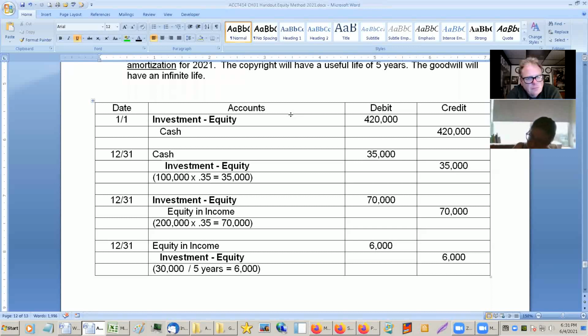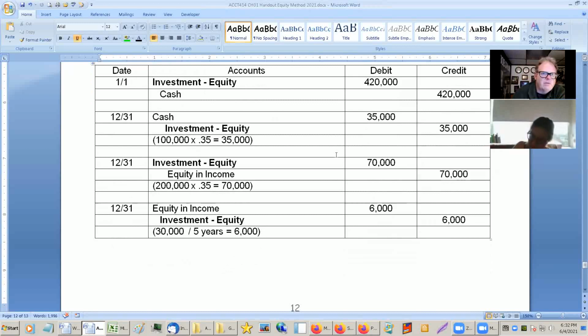Okay, so the investment equity would be 449,000. 420 minus 35 plus 70 minus 6,000. You're right.